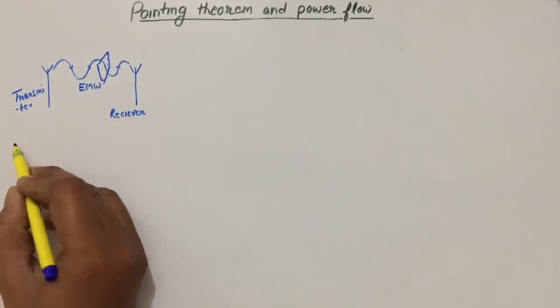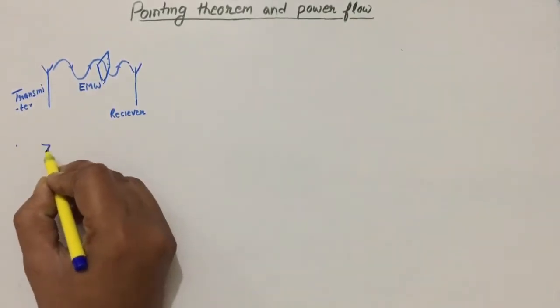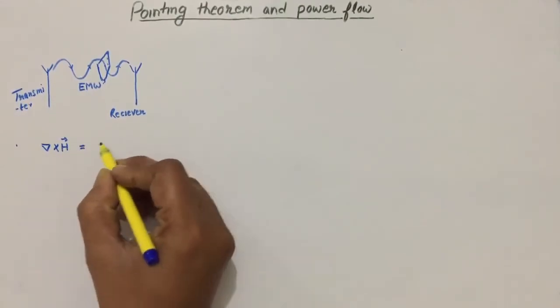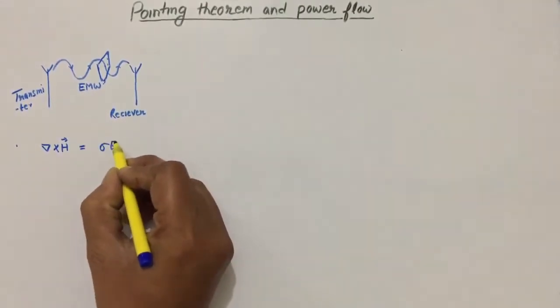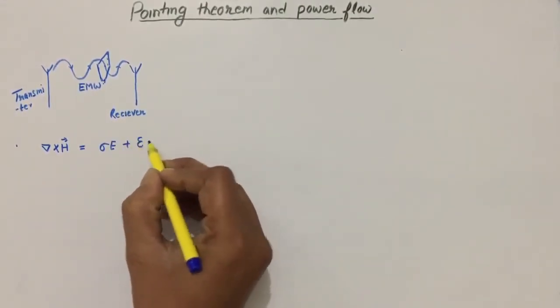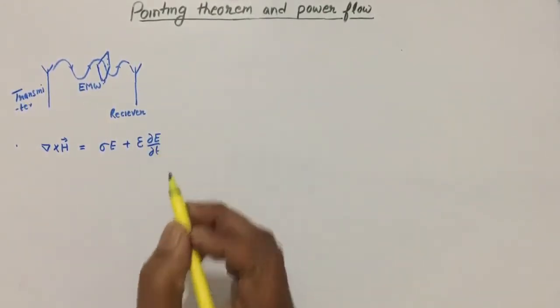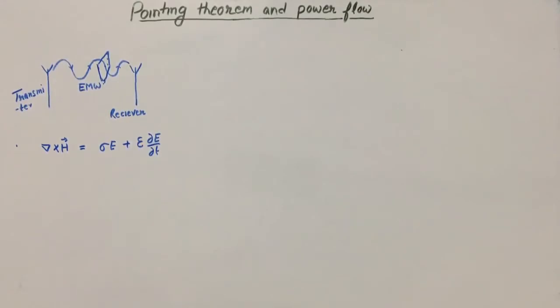So the first equation is, the curl of H is equal to sigma E plus epsilon del E over del T. We have discussed this already in detail.